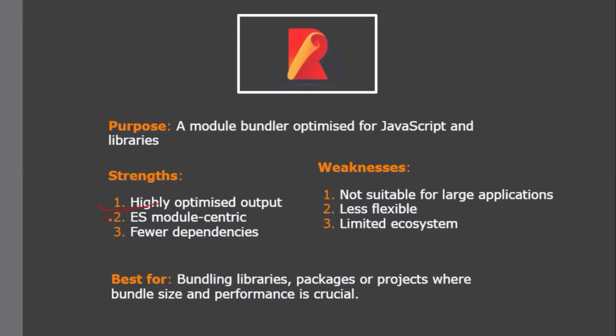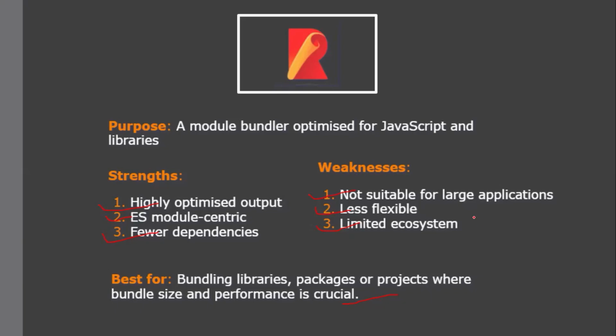It is ES module centric. It has very few dependencies. When we talk about the weaknesses, it is not suitable for large applications, it is less flexible, and it has a limited ecosystem. And it is best suited for building libraries, packages, or projects where build size and performance are crucial.